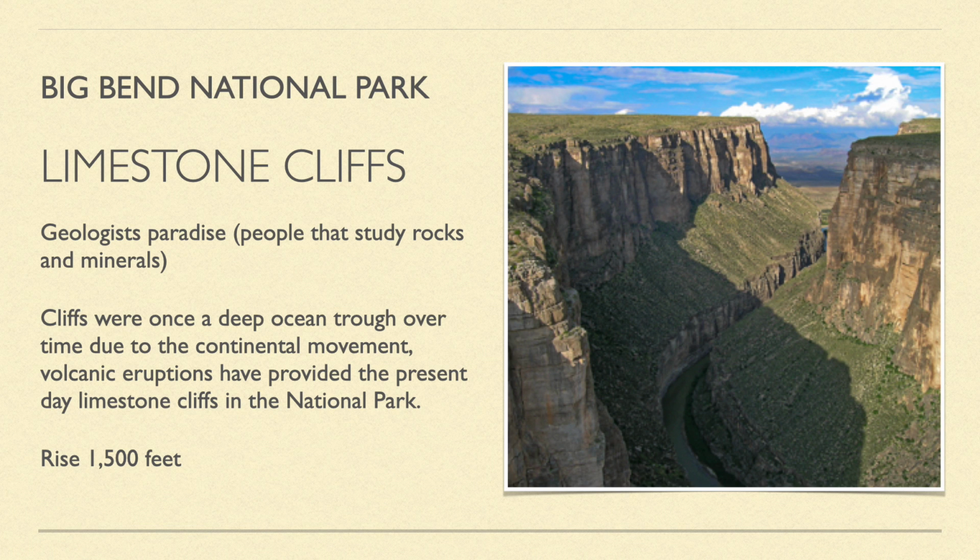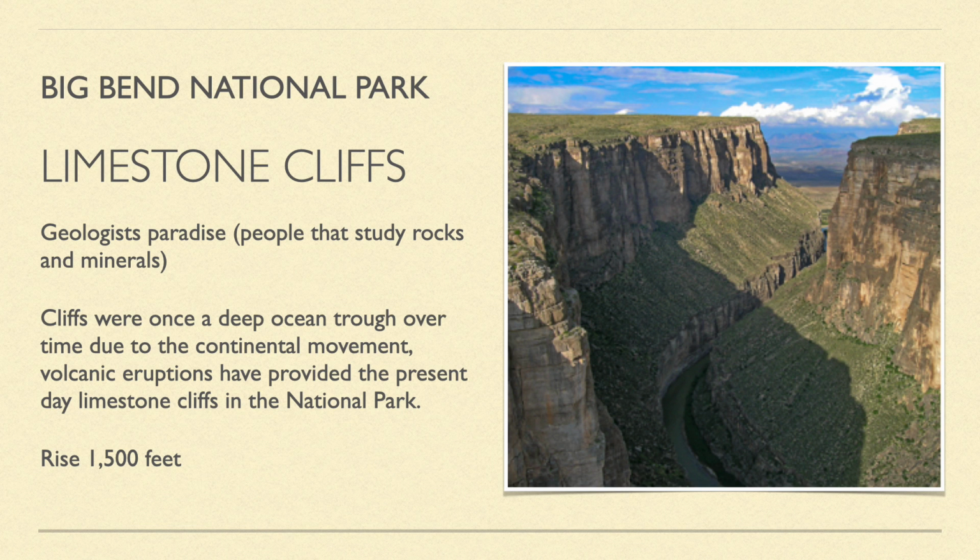But that same natural resource of limestone is also found right here in Big Bend National Park. They call it a geologist's paradise. Geologists are people who study rocks and minerals of our earth. They say it's a paradise for them at this national park because there are so many minerals and rocks and this limestone for them to study.